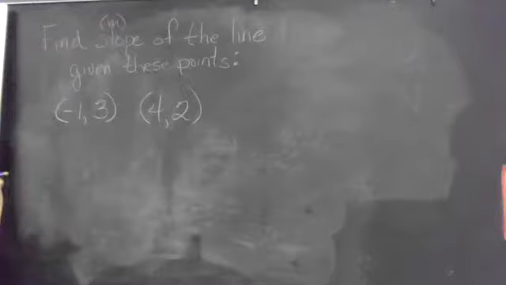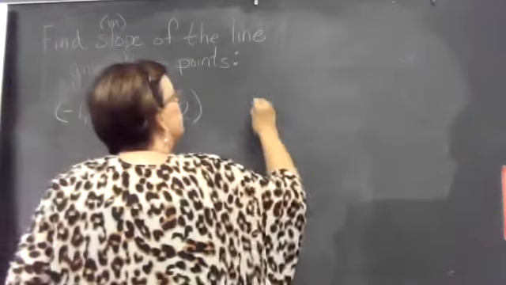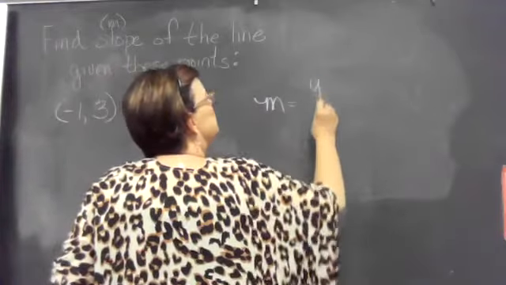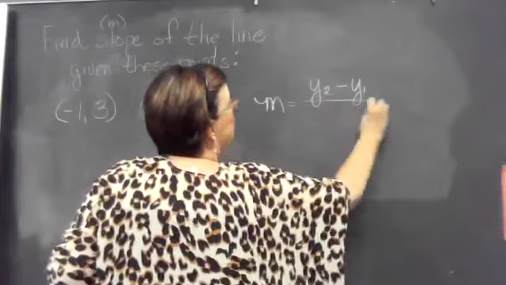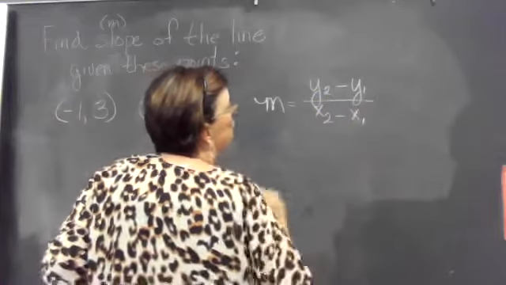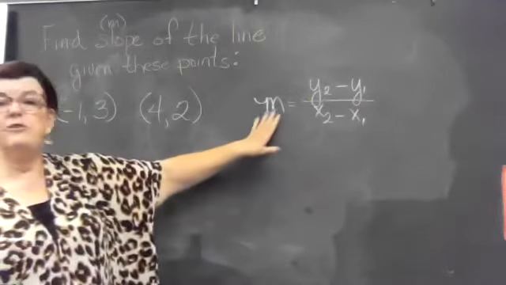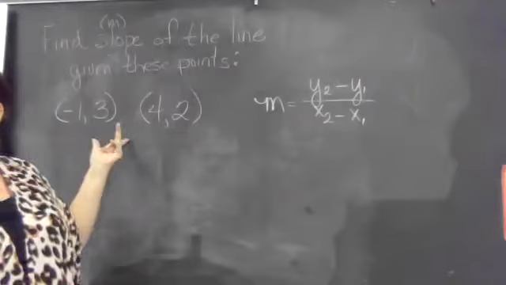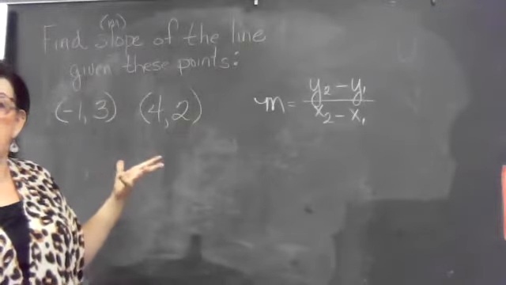And so your formula now is going to be m equals y2 minus y1 over x2 minus x1. This is the formula to find the slope of a line if the only thing that you're given is 2 points.